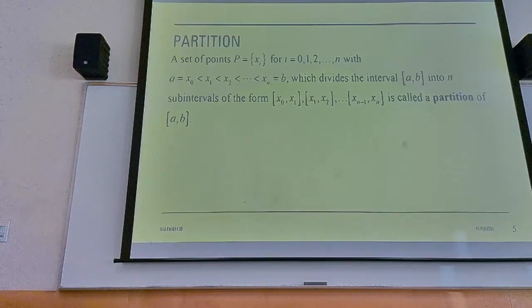Can you give an example of what a difference between two partitions would look like? So consider the interval 0 to 1. I want 3 subintervals. So my partition could be, how do I want to divide it? 1/3 and 2/3.